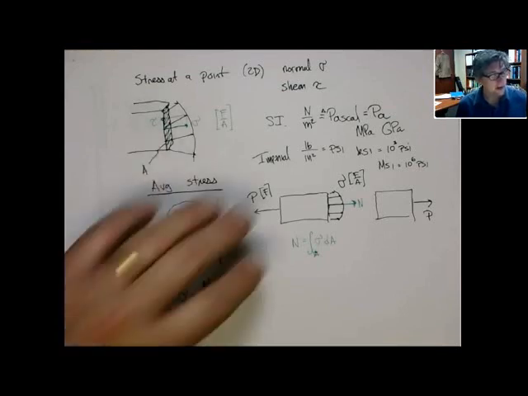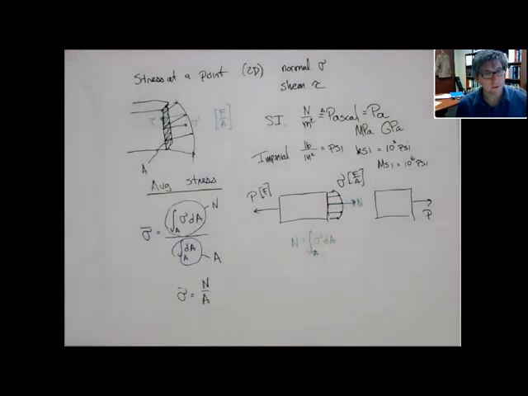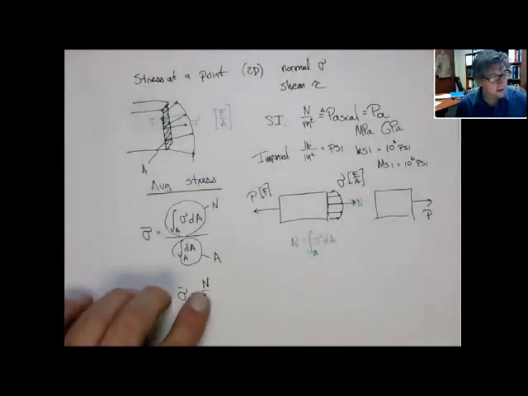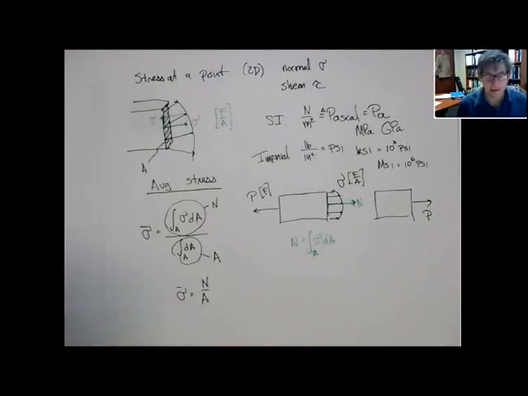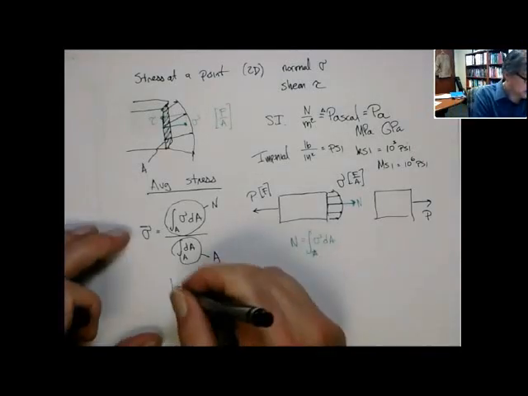Stress always involves the calculation of the internal reaction forces at that location, not the external ones. I emphasize this several times. It's a mistake I see students make a lot.